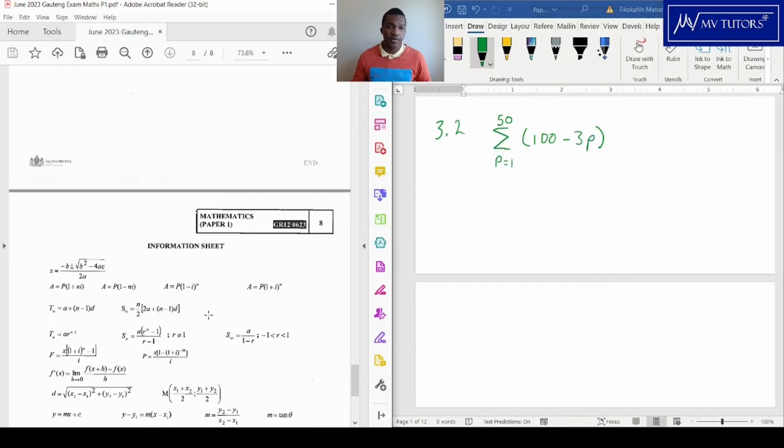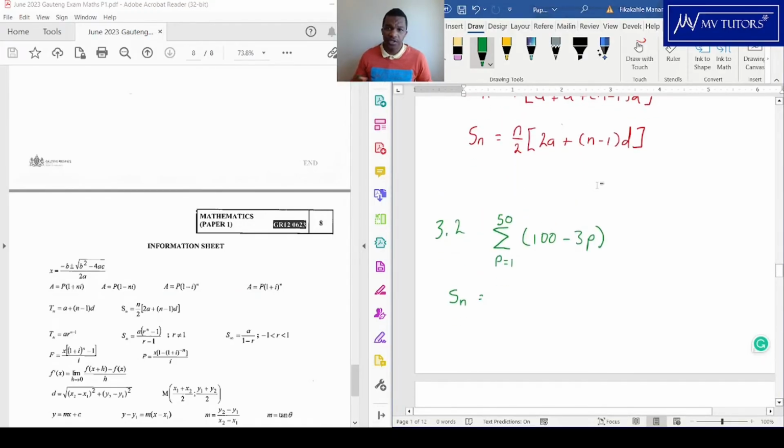Now, even if you got the above one wrong, you could have just taken it from above, where Sn is equal to n over 2. We are basically using what we just proved to be correct, or to prove what we already know.